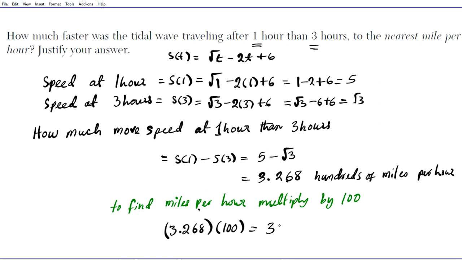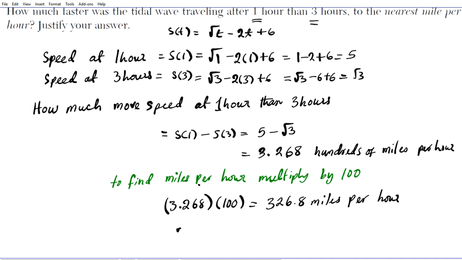So we have 326.8 miles per hour. We're asked to round to the nearest mile per hour, so our final result will be 327 miles per hour. Okay, so that's that.